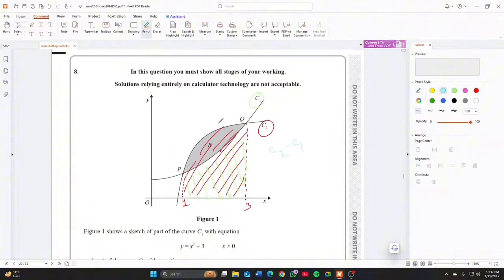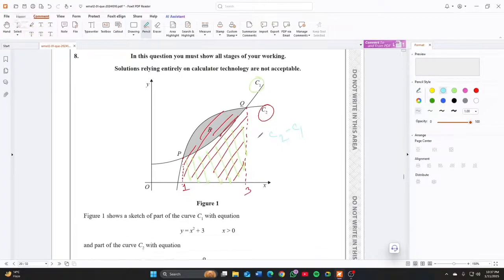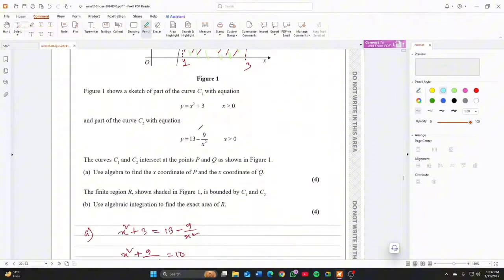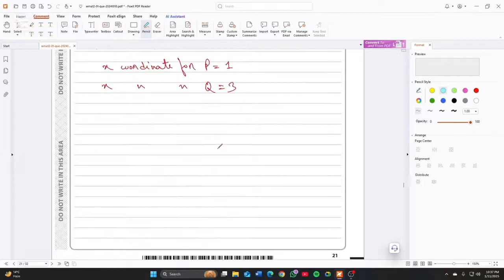So first we need to find the integration of the curve C2. C2 has the equation 13 minus 9 over x squared. Therefore, the integration from 1 to 3. I think this color is not that much visible, I'll just use another color. Let's use this one, a deeper one.